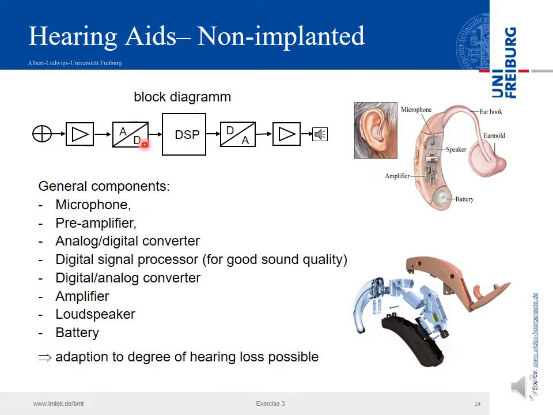This is really a very sophisticated system, and this body in the middle here, the digital signal processor, should be programmed such that it's energy efficient, so that the battery lasts at least a whole day.